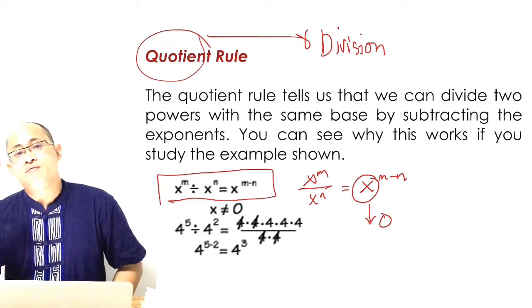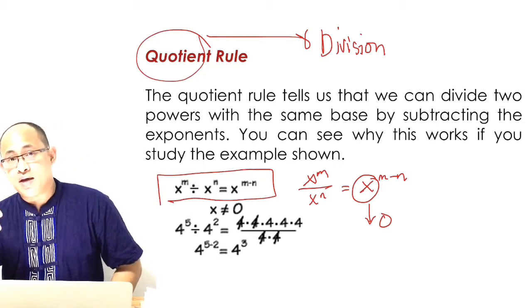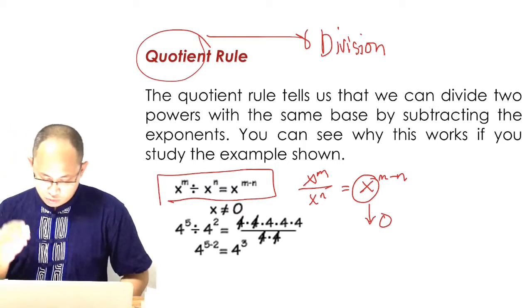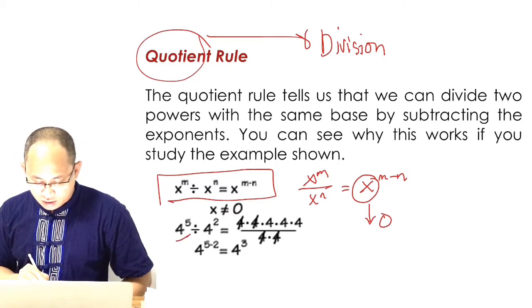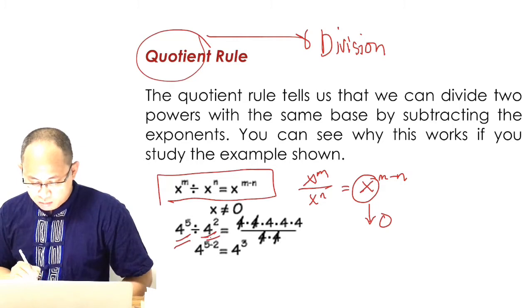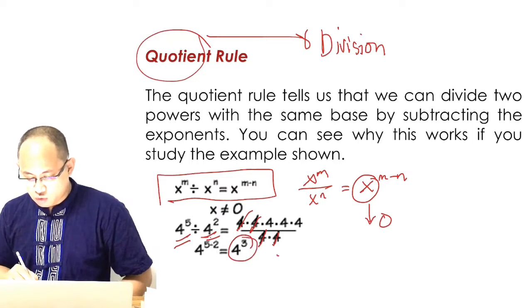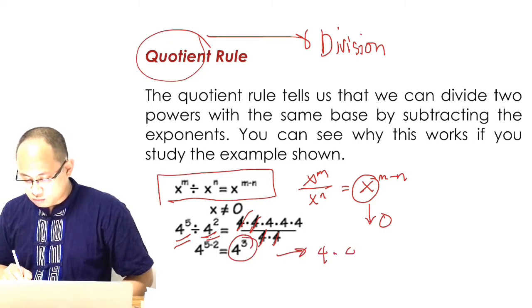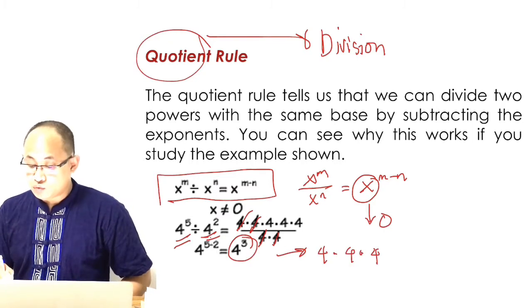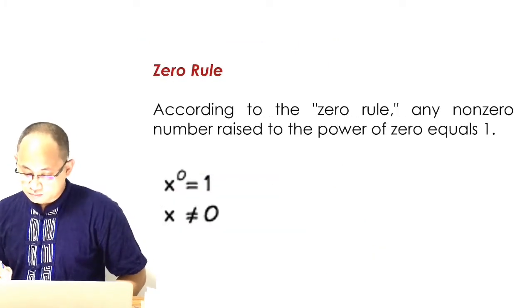So when you have a division and you have the same base, you subtract exponents. If you have 4 to the power of 5 divided by 4 to the power of 2, you just cancel common terms because it is minus. So you have now 4 to the power of 3, or 4 times 4 times 4. This is what we call the quotient rule.